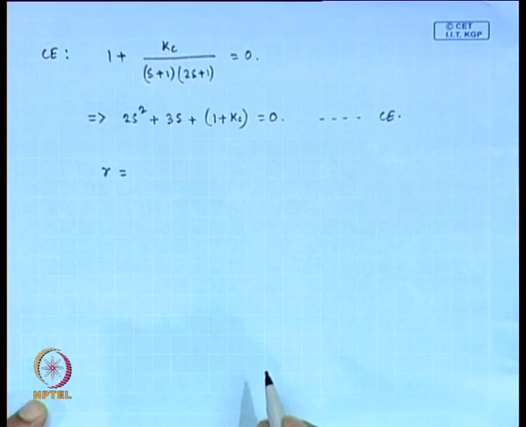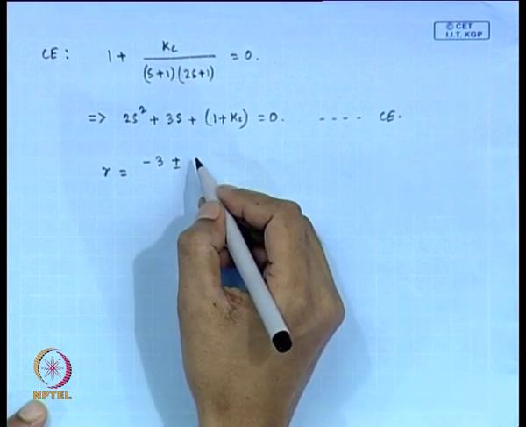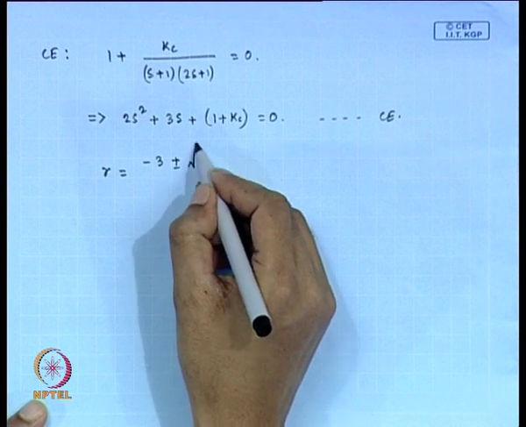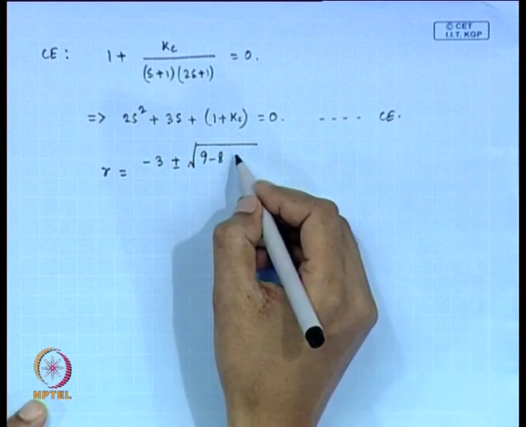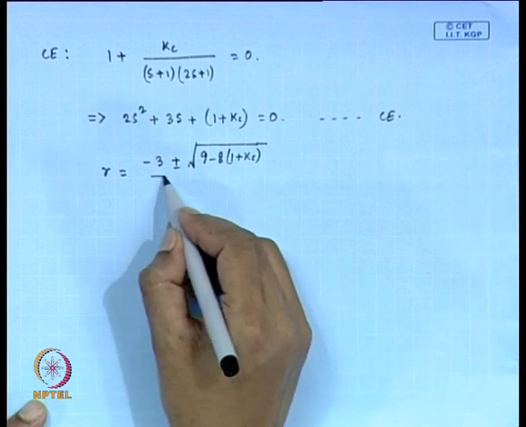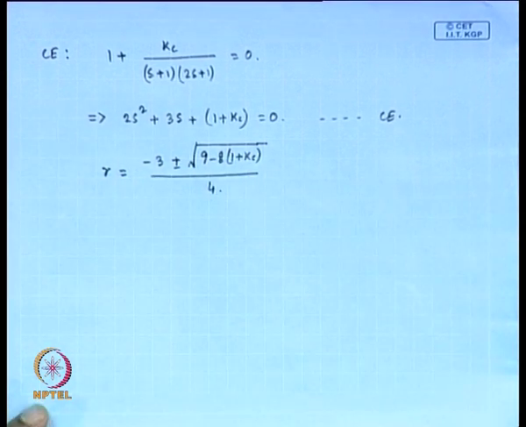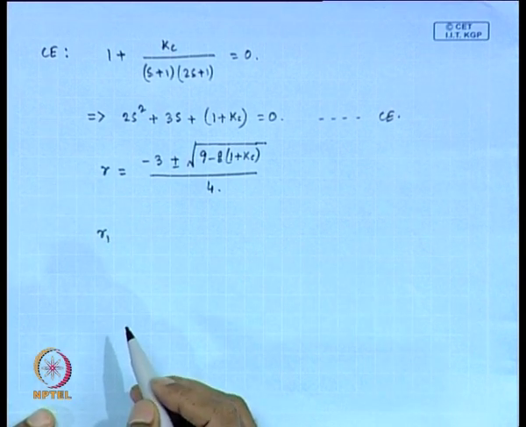Then we can write the root as r equals minus 3 plus minus root over 9 minus 8 (1 plus Kc), divided by 4. The characteristics equation is in quadratic form. Obviously, there are two roots, so we will write R1 and R2.